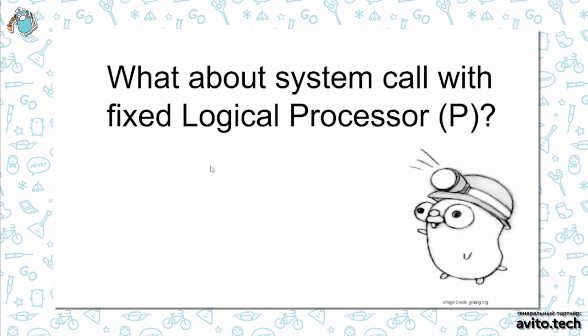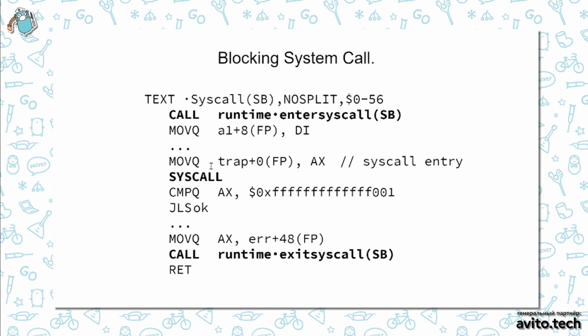What about system calls with a fixed number of logical processors P? Go optimizes the system call, whether it's blocking or not, by wrapping them in a runtime wrapper. This wrapper will automatically dissociate the P from the kernel thread M when a blocking system call is made and allow another thread to run on it. The blocking system call is usually encapsulated between runtime.entersyscall and runtime.exitsyscall.